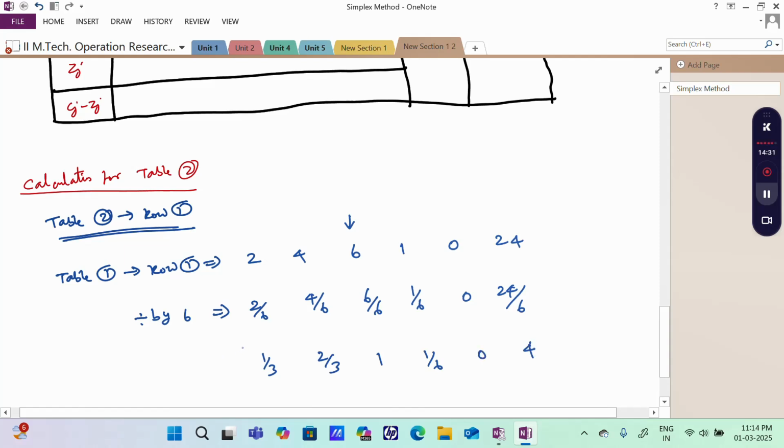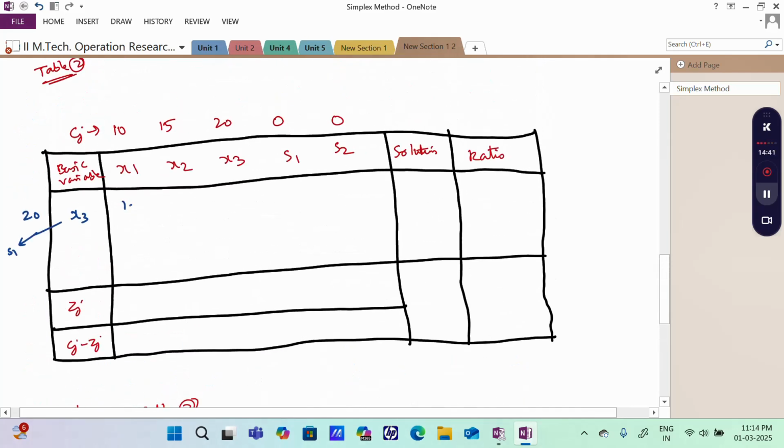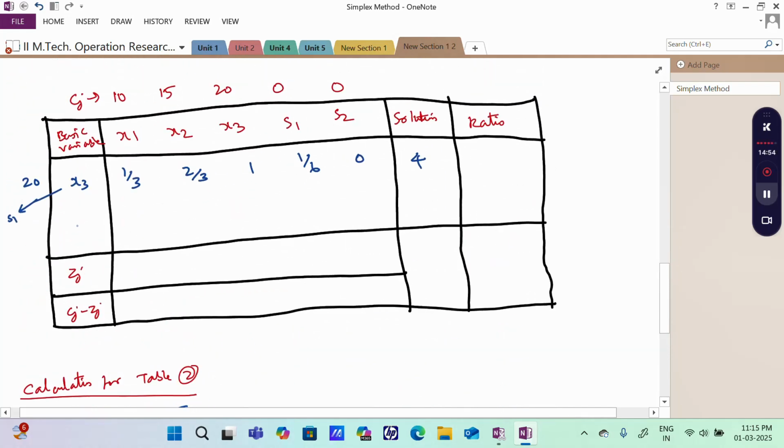So this is our new value. The new value is nothing but table 2 row 1: 1 by 3, 2 by 3, 1, 1 by 6, 0 and 4. Then what is next? This place, the S2 value, is 0.